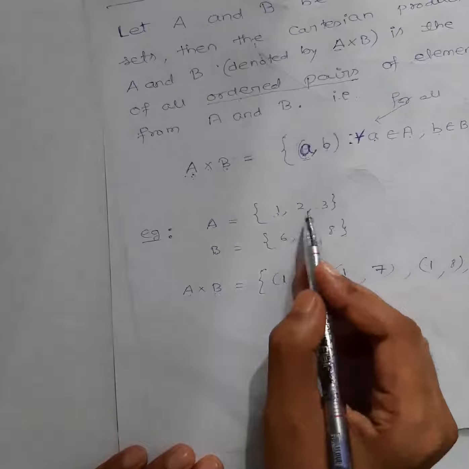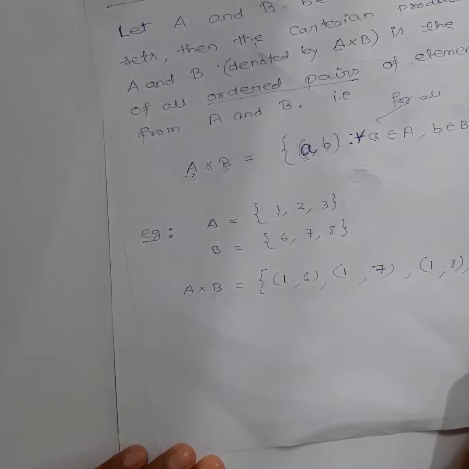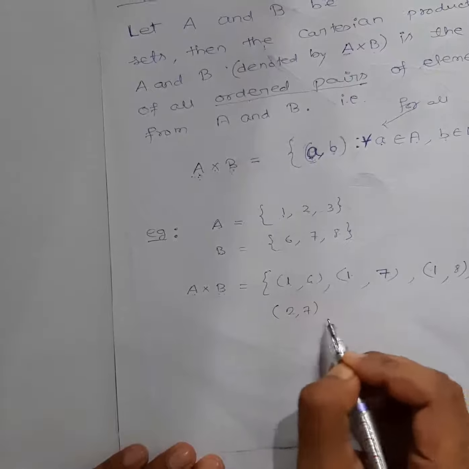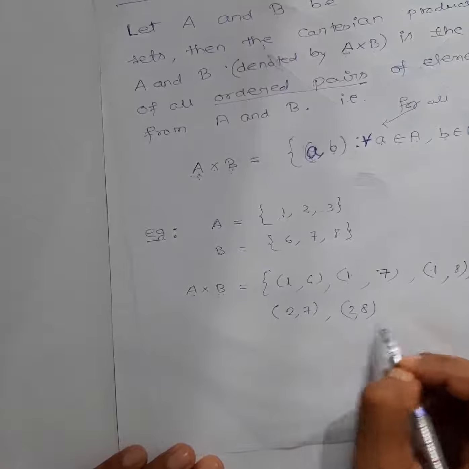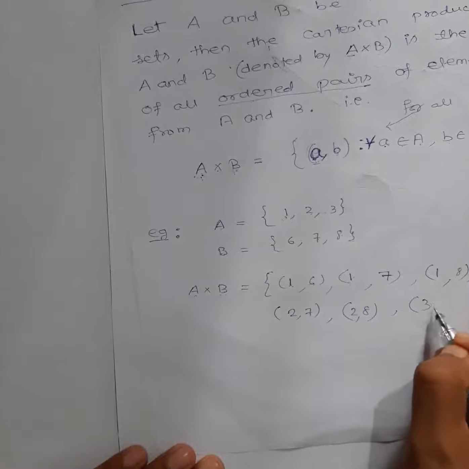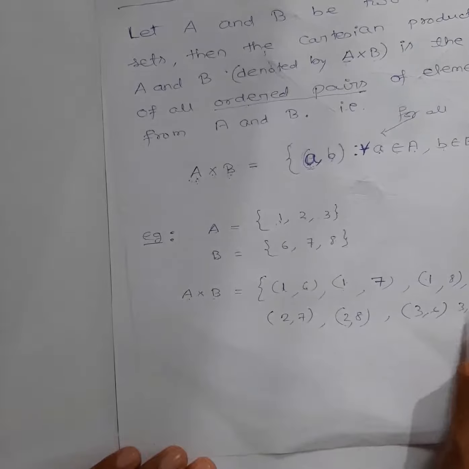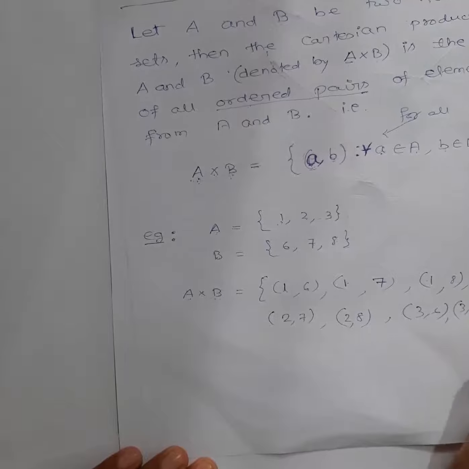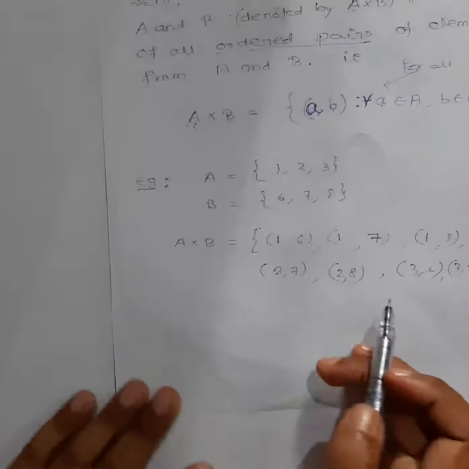Next pair can I make? (2, 6), next (2, 7), (2, 8). Next (3, 6), (3, 7), (3, 8). These are the only pairs you can make, right?